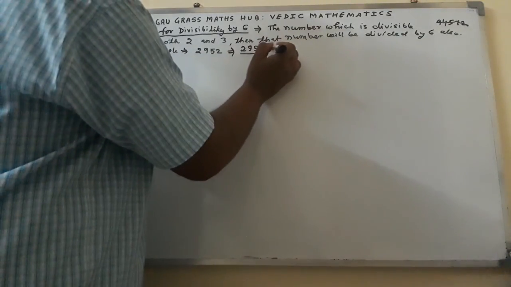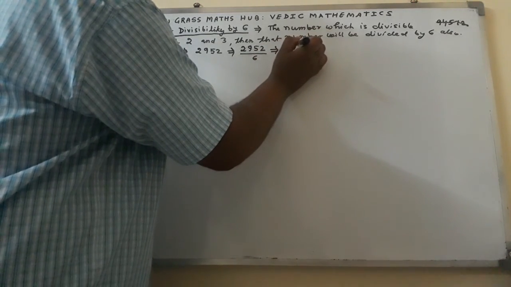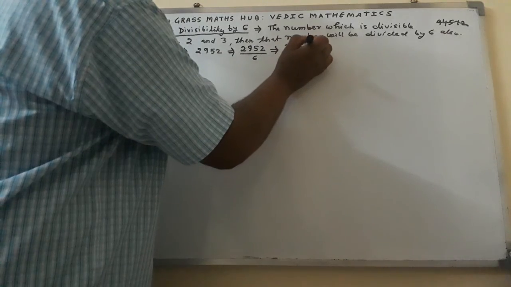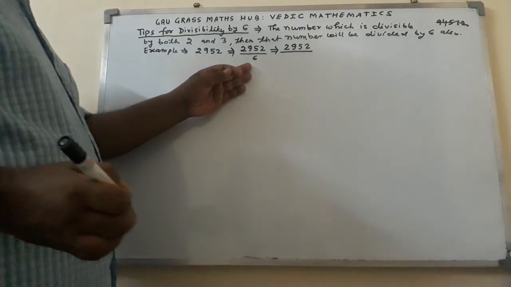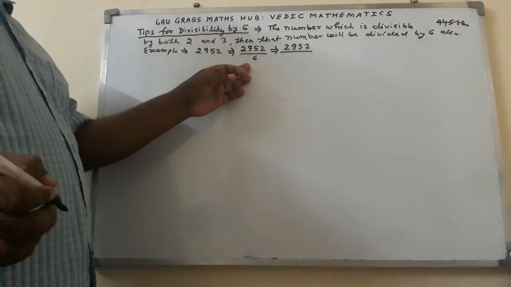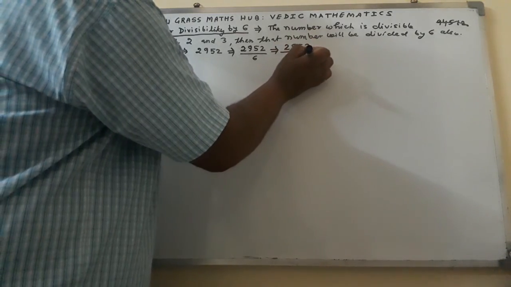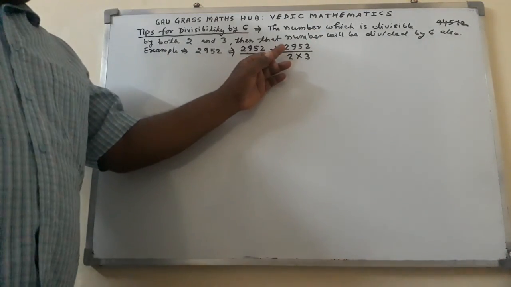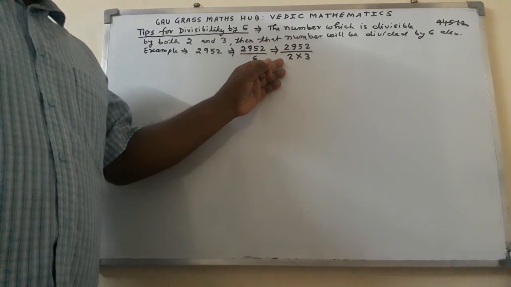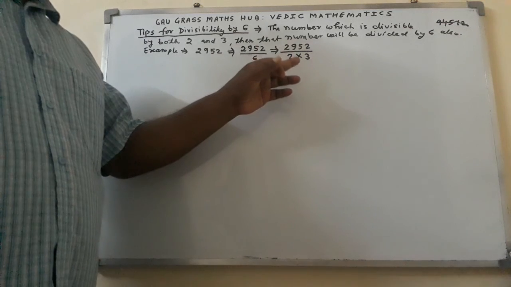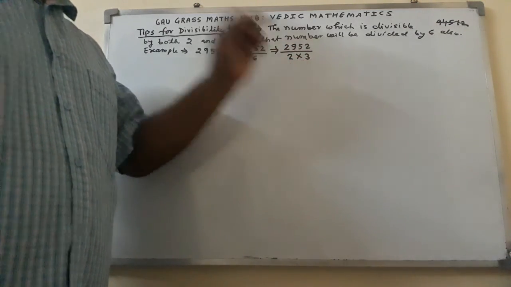When it happens, 2952 divided by 6, where 6 can be factorized as 2 into 3. This means that 2952 will be fully divided by 2 and also 2952 will be divided by 3 also.